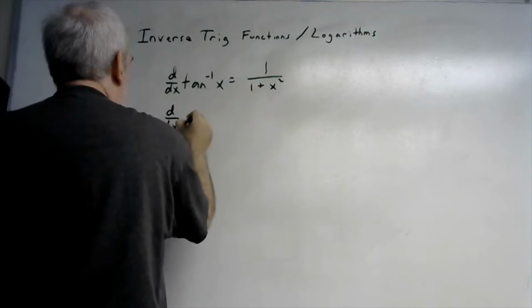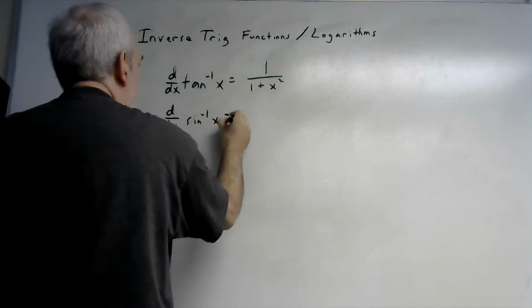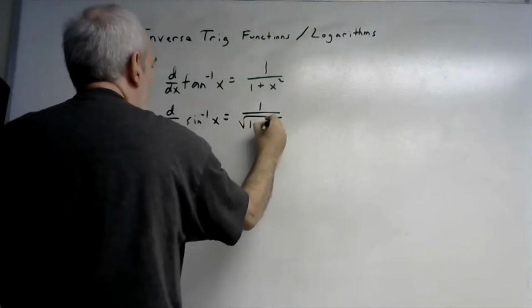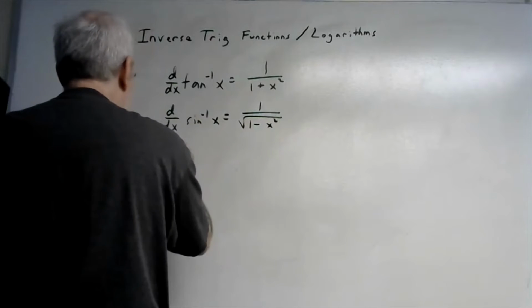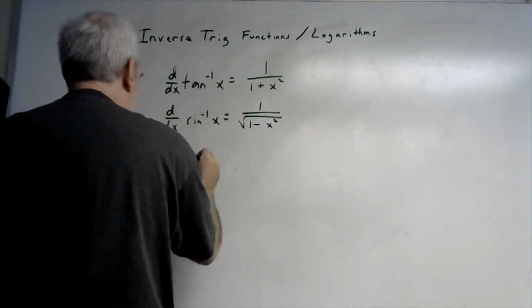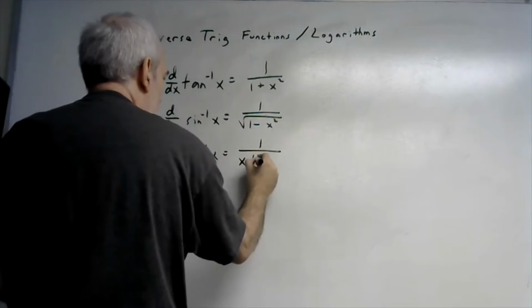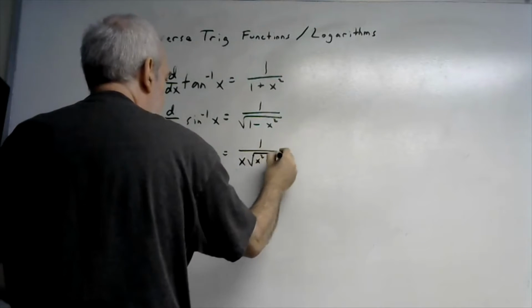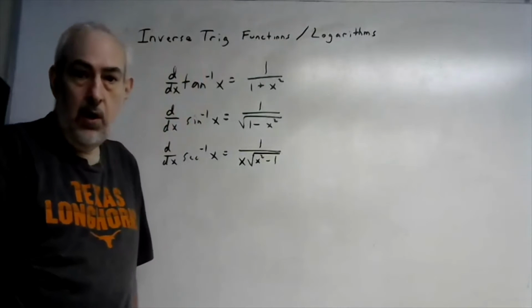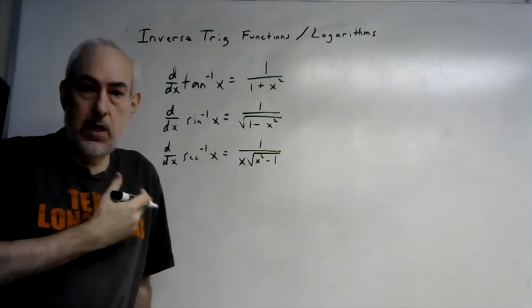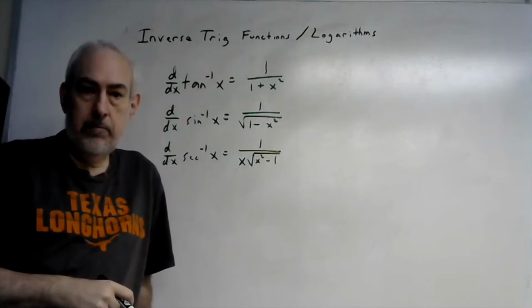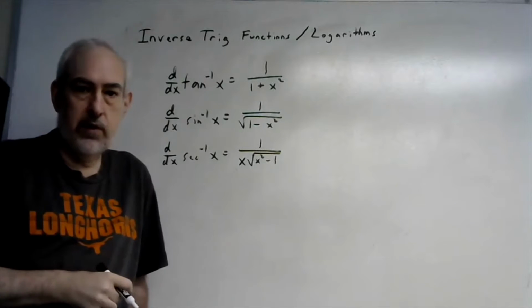Next, the derivative of inverse sine is 1 over square root of 1 minus x squared. The derivative of inverse secant is 1 over x times the square root of x squared minus 1. Okay, so here are 3 of the inverse trig functions. But there's 3 more inverse trig functions.